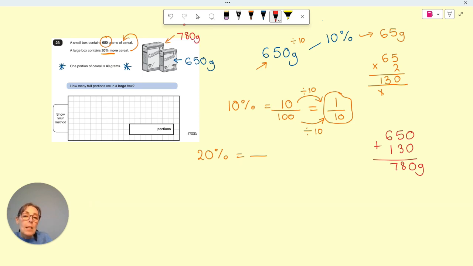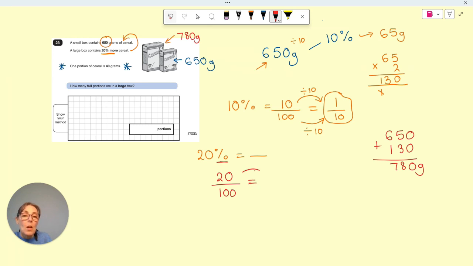If I'd done it this way, this bit here, I could have done 20% is the same as saying 20 hundredths, because anything with a percentage sign means it's divided by 100. It's still part of a whole.